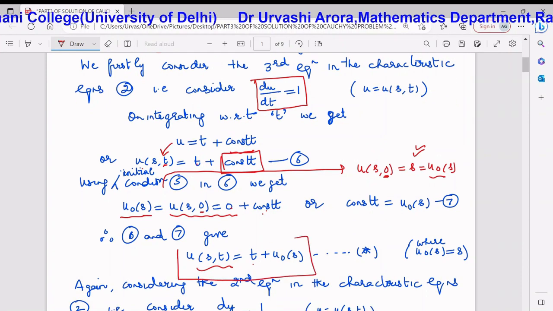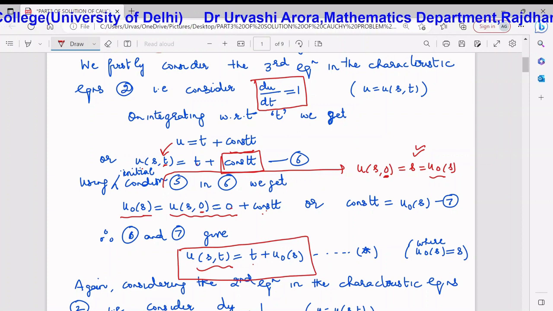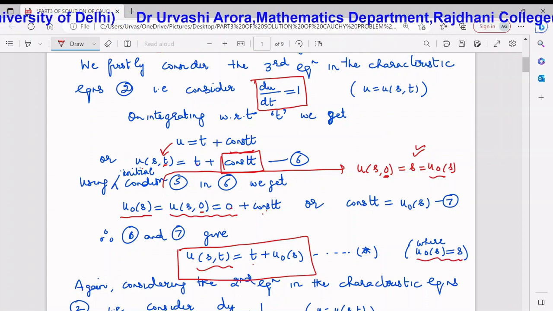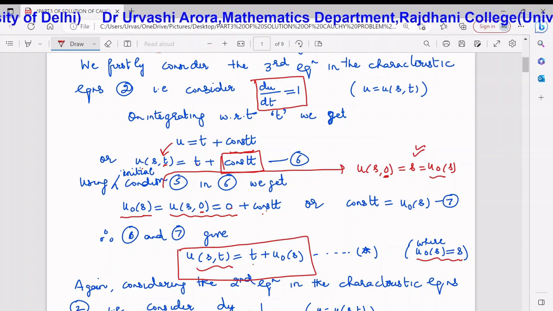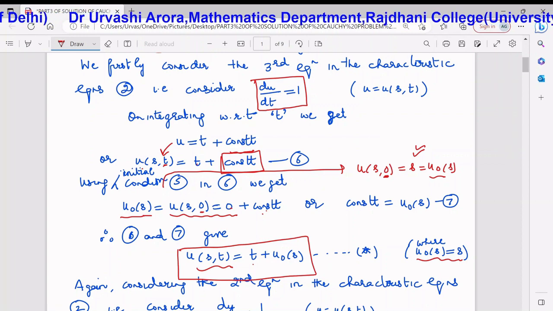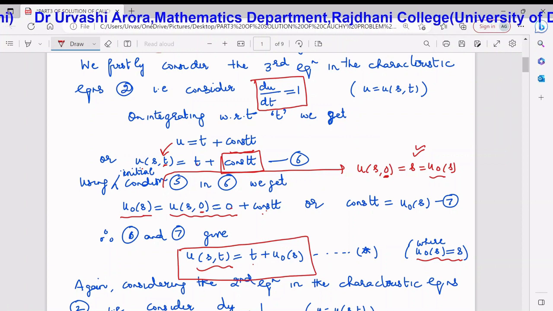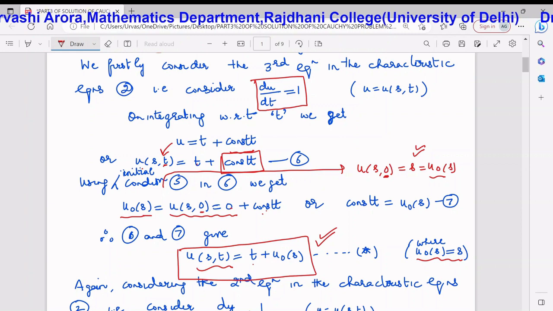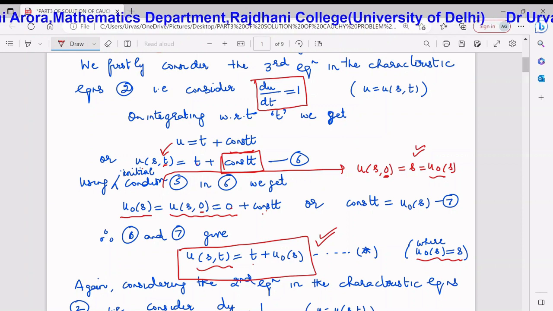I have marked this relation as star, where u naught s in this particular question is s. From question to question the initial data will change, but for this question u naught s is s. Otherwise, this is the general expression.